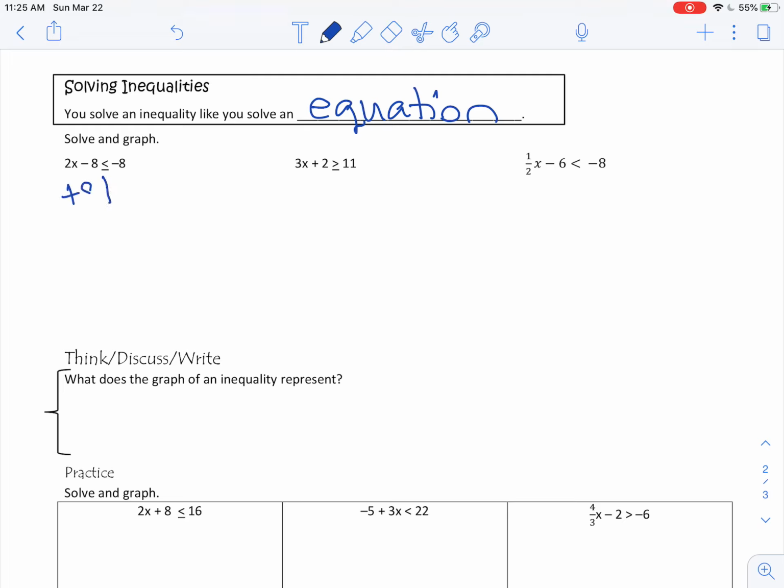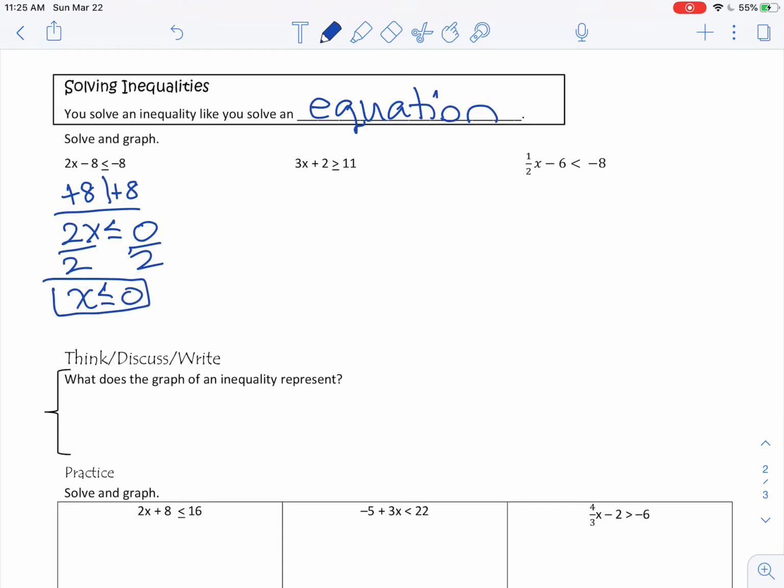So we're just going to draw a line below. We first of all add or subtract in order to isolate the variable term. And the inequality sign comes down exactly as is. Then we want a coefficient of 1. And the inequality sign comes down exactly as is.